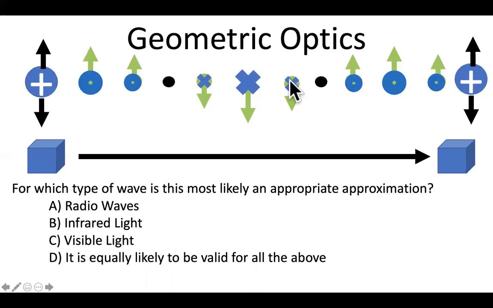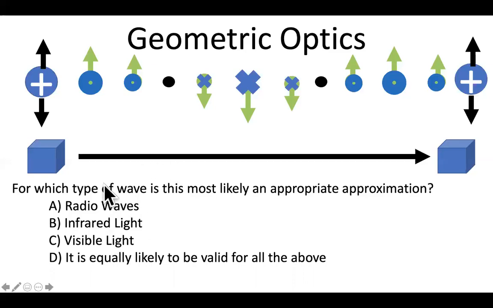So we are often in a situation in our own day-to-day experiences where the size of physical objects we can hold in our hands, and the separation between them, is big compared to the wavelength. So the approximations usually hold fairly well for visible light.